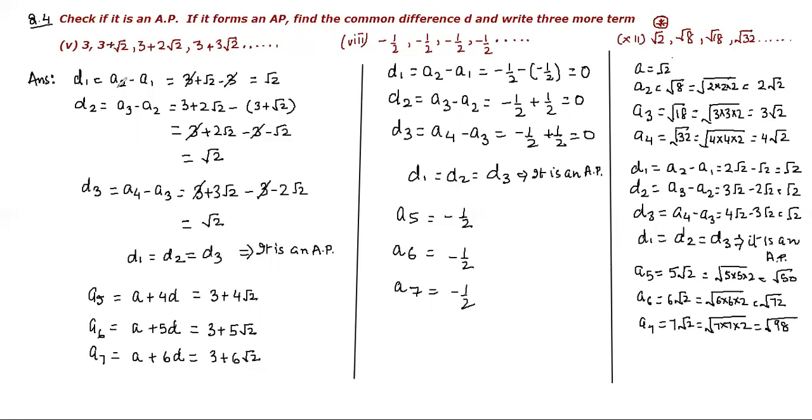And the second d will be when you subtract a_3 minus a_2. And the third d you will get when you subtract a_3 from a_4. So the given terms are 4, so you are able to get 3 d's.